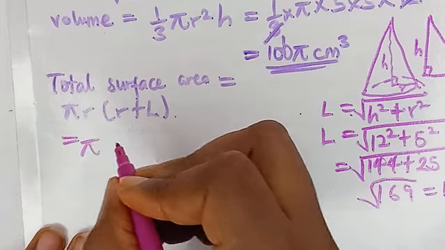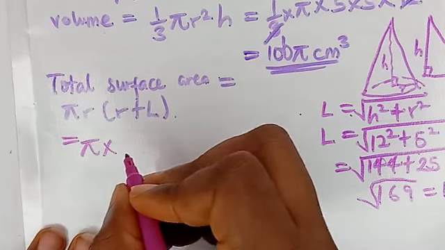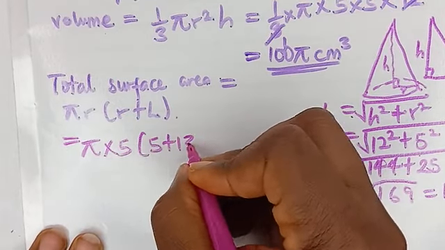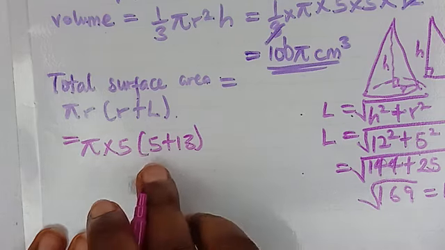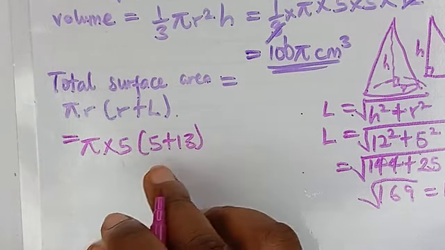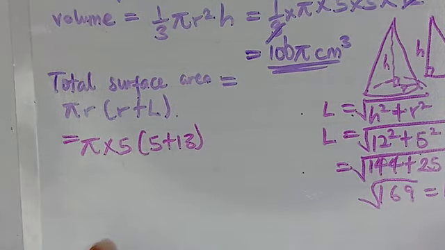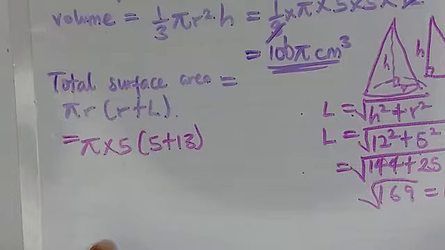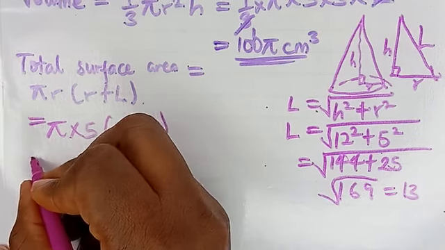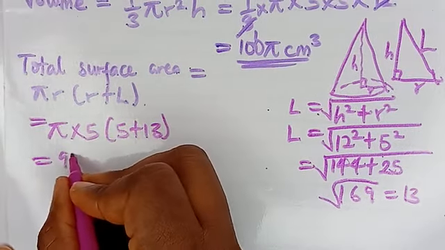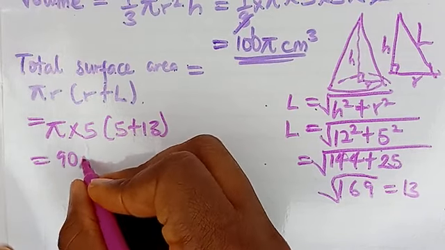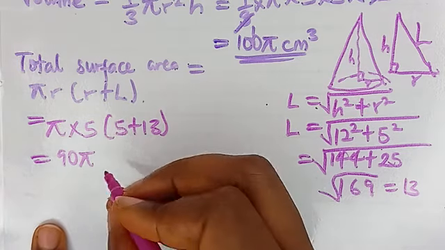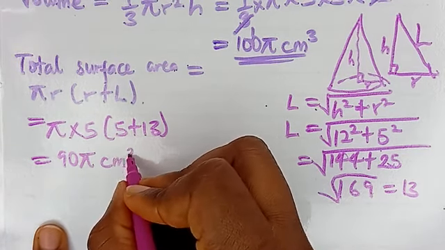We are leaving our answers in terms of pi. R is 5, and then 5 plus 13 being 18. Then 18 times 5 is equal to 90. And we are leaving it in terms of pi: 90 pi, and it is area, so it is in cm squared.